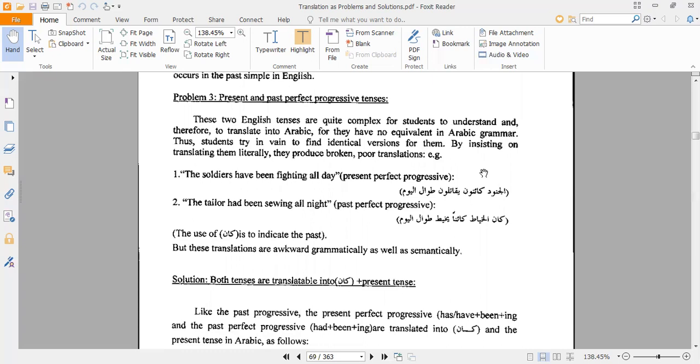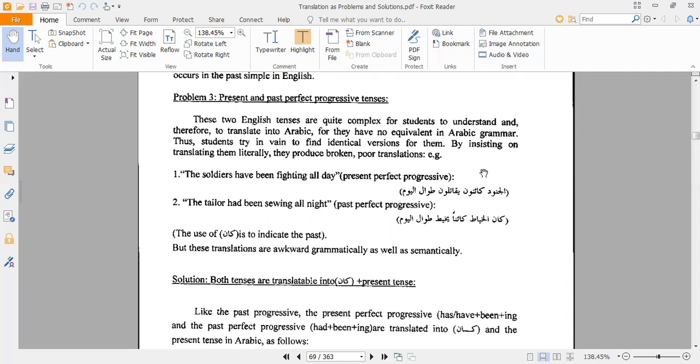So we do not have equivalent structures to them in Arabic. Look at the first sentence. The soldiers have been fighting all day. Here we have been plus the verb plus ing. It is present perfect progressive.